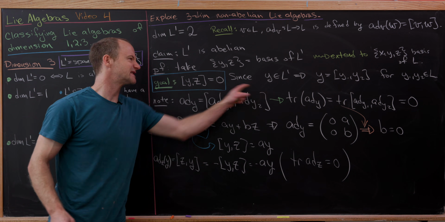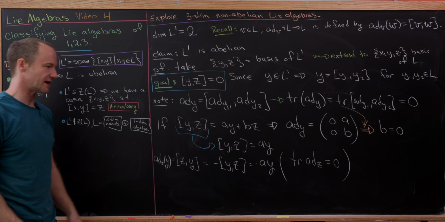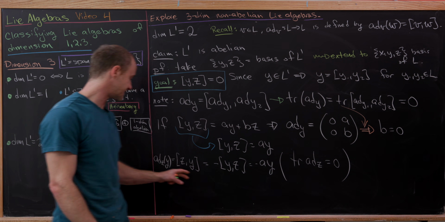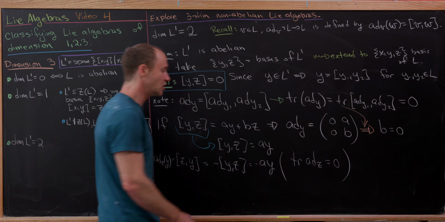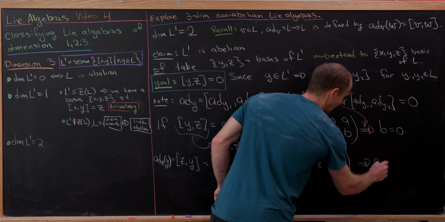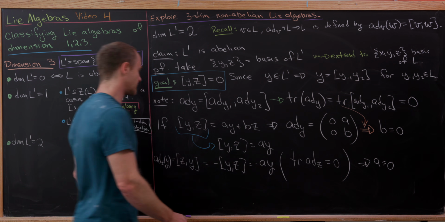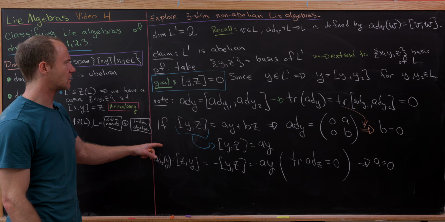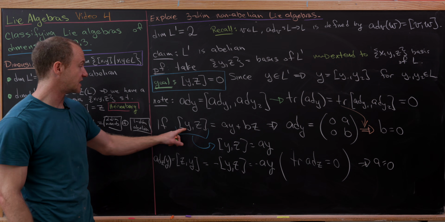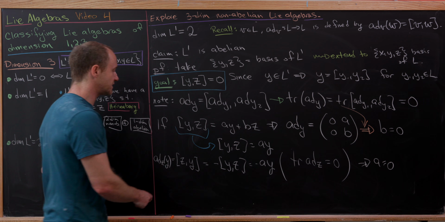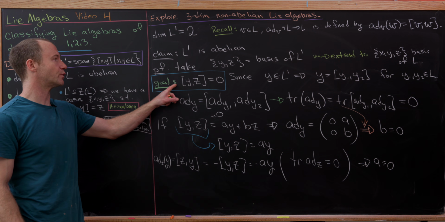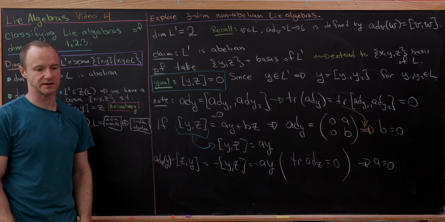That trace being 0, and taking a matrix representation of this adjoint action, will tell us that a is equal to 0. Plugging a equals 0 and b equals 0 into our original expression for the bracket of Y and Z, we see that the bracket [Y, Z] is in fact equal to 0, which is what we wanted to show: that L prime was abelian.